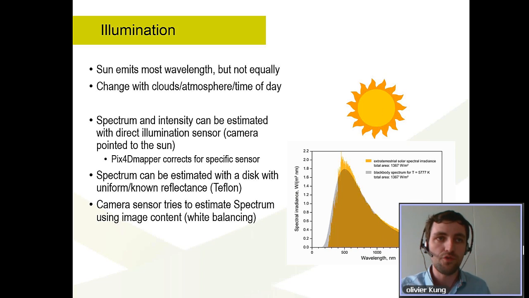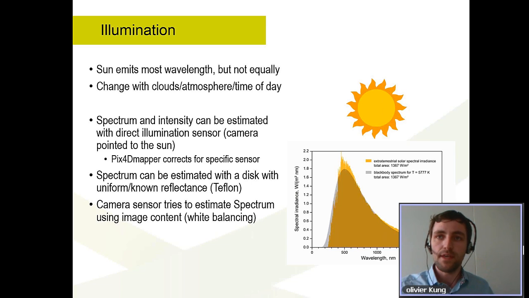It's not as good as doing it with a sensor, but it already provides some benefits. This is not currently done in Pix4D Mapper, but you can use pre-processing software, which is normally specifically designed for your camera and your images, in which you can do that.